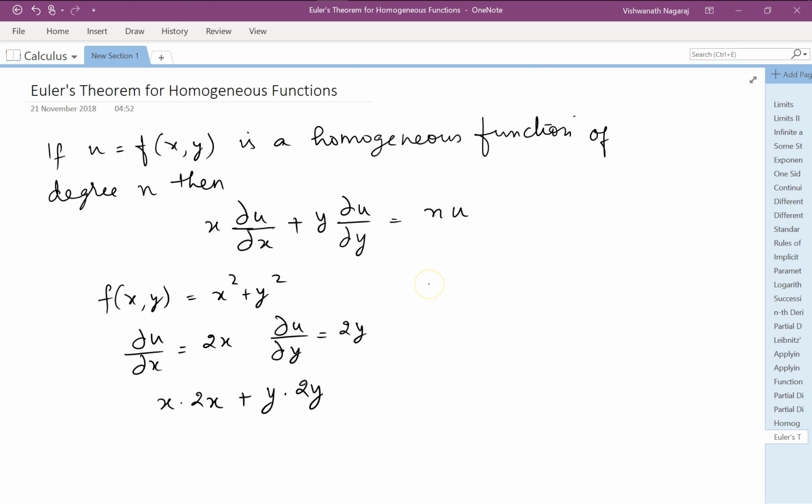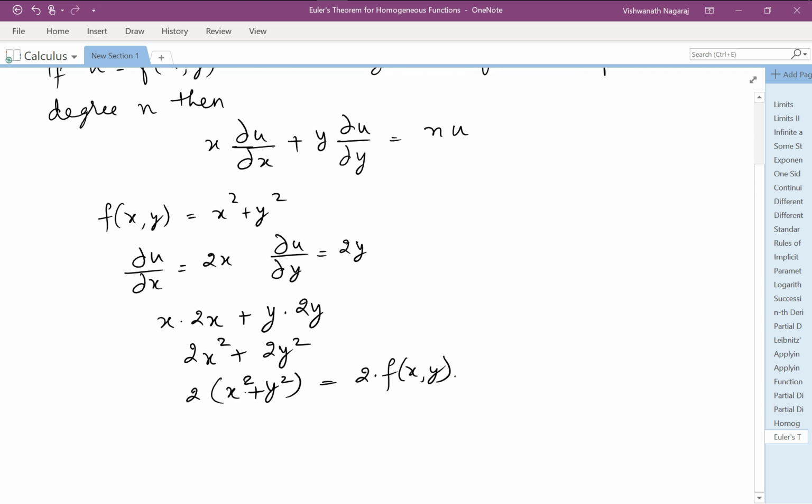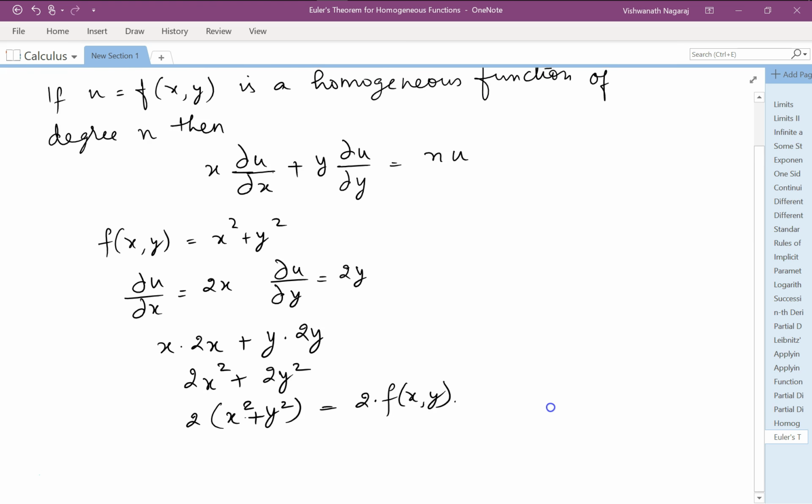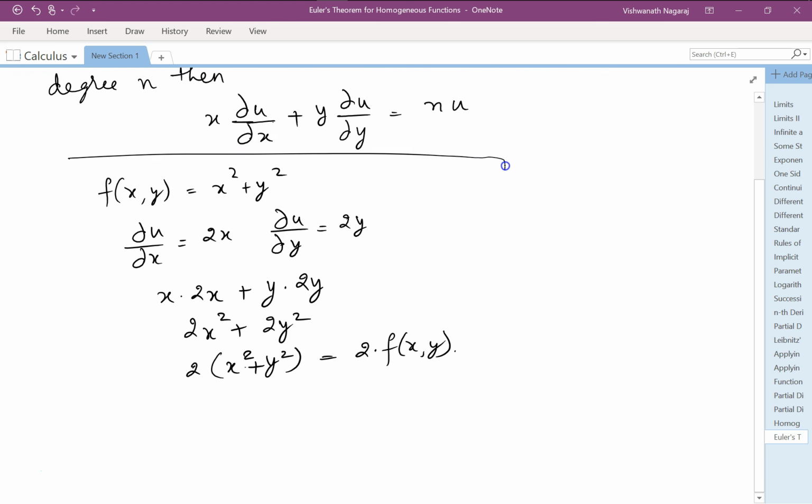Now this should give us nu. Okay, let's see. This gives us 2x square plus 2y square, 2 times (x square plus y square). Now this is nothing but 2 times f of x comma y, that is the function itself, and we know that this is a function of degree 2. Okay, so this was an example.